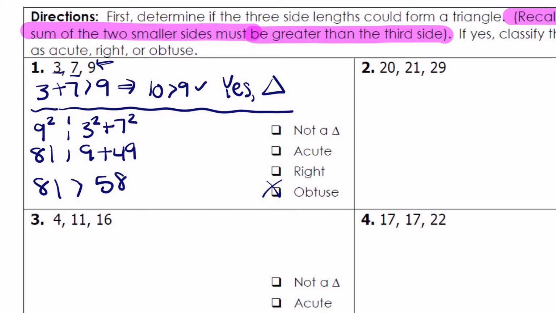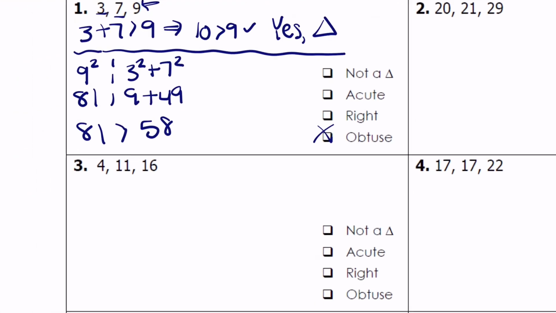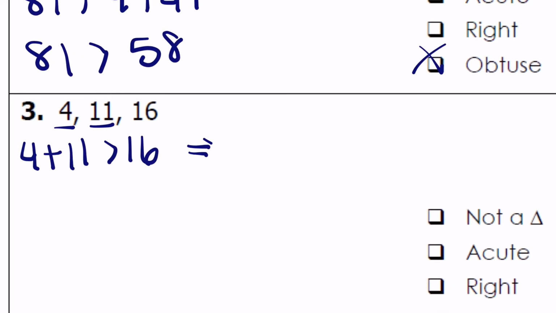We'll go ahead and look at number 3. All right, so again, I have to first determine, is it a triangle? So I have to take my two shorter sides, 4 and 11, 4 plus 11, and see if that is greater than 16. 4 plus 11 is 15, which is not greater than 16.